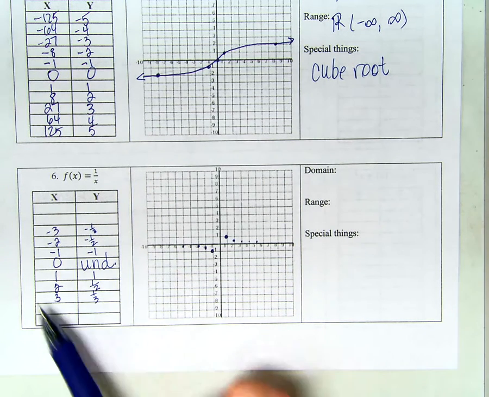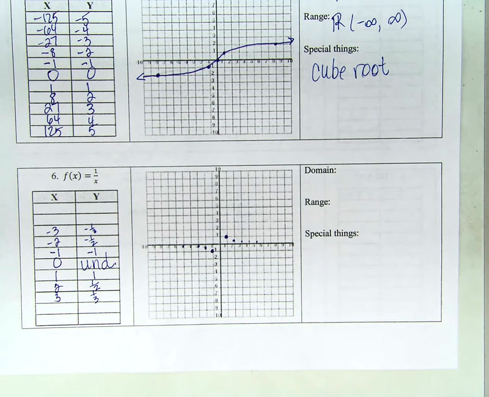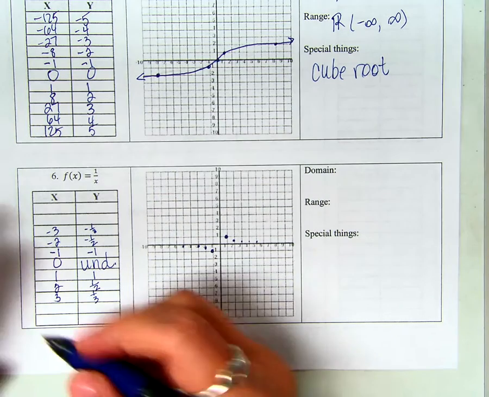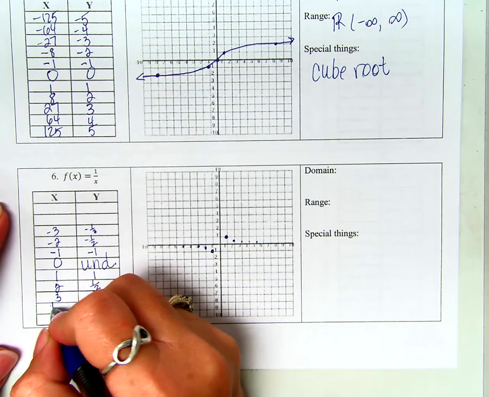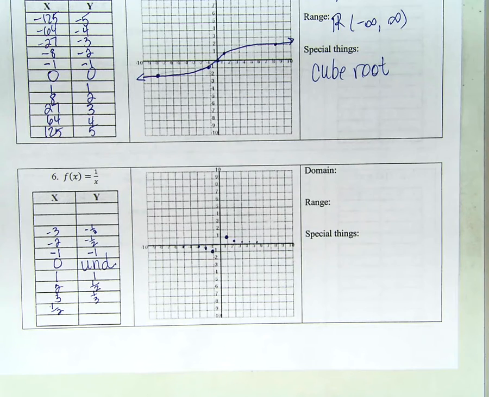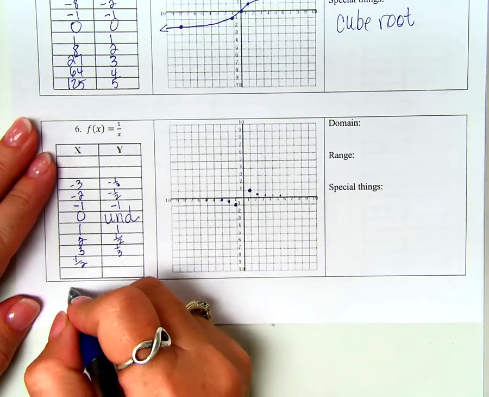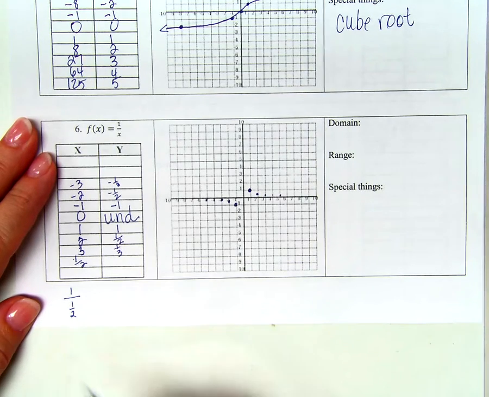And we've chosen logical numbers just like we have on the other ones. But I know where we're going. So trust me for just a second. And let's choose 1/2 as x. Now I need you to remember 1 divided by 1/2. Do we ever divide by fractions? No, we always do what?